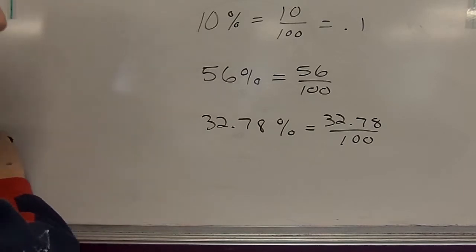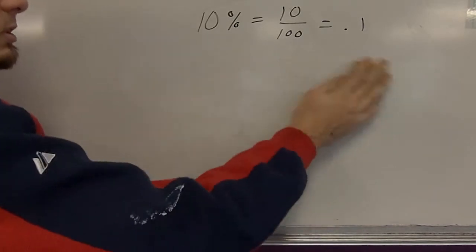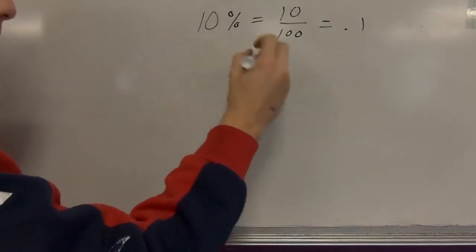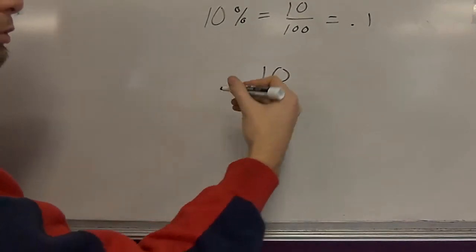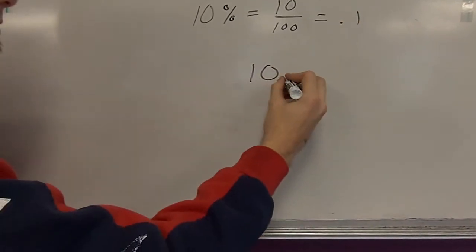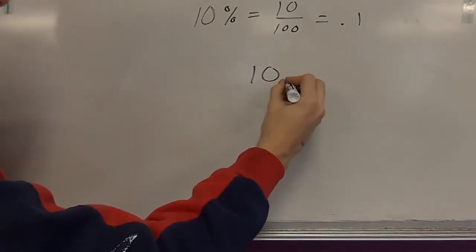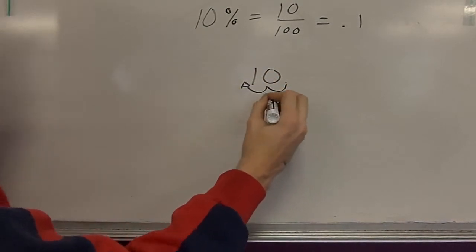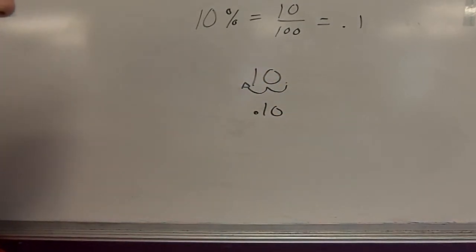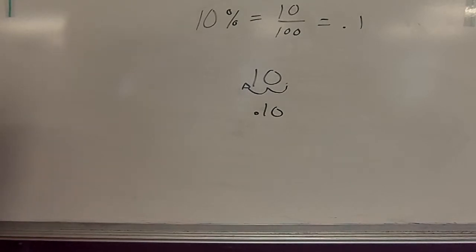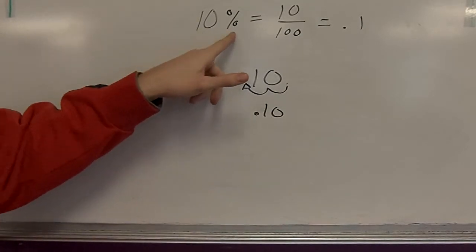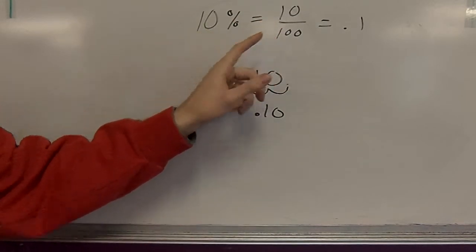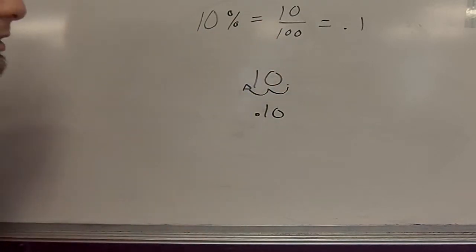So all we need to do to get the decimal for a percent is take the number, the 10, and move the decimal left 2 spaces. So the decimal for 10 is right here. We move the decimal left 2 spaces, and we get 0.10 for our decimal. That's it, because what 10% means is 10 divided by 100. So move that decimal left 2 places on the 10.